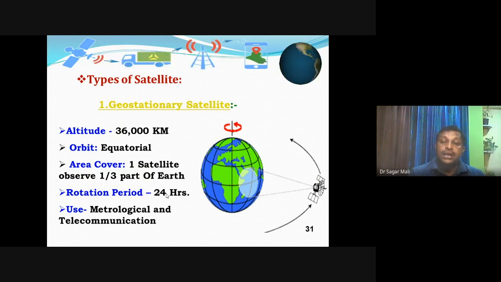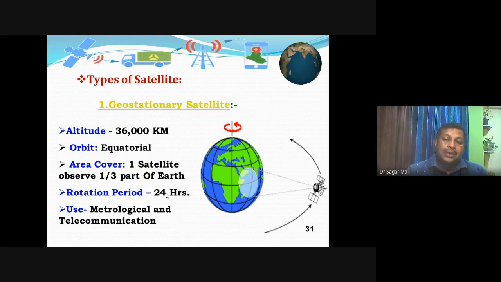The altitude is around 36,000 kilometers from the surface. Imagine the altitude. These are equator orbiting satellites. Because of the high altitude, these satellites can cover the maximum portion of the earth. How much is it? One satellite can cover one-third of the earth, and three satellites cover the entire earth.